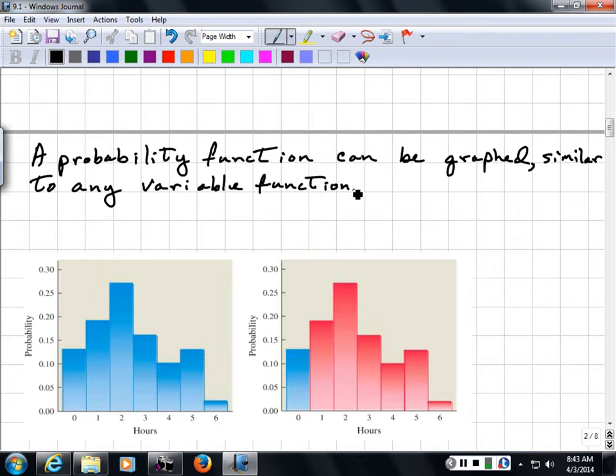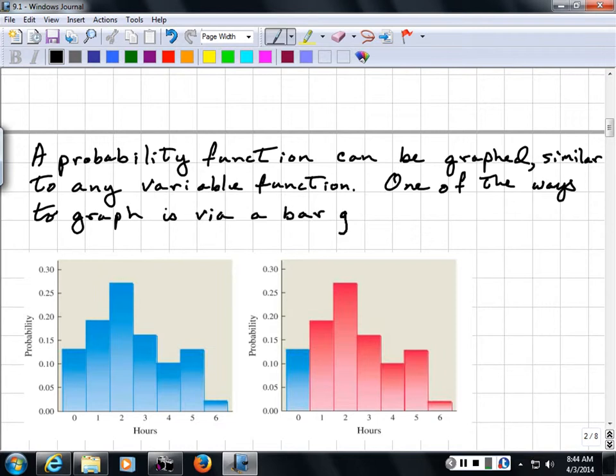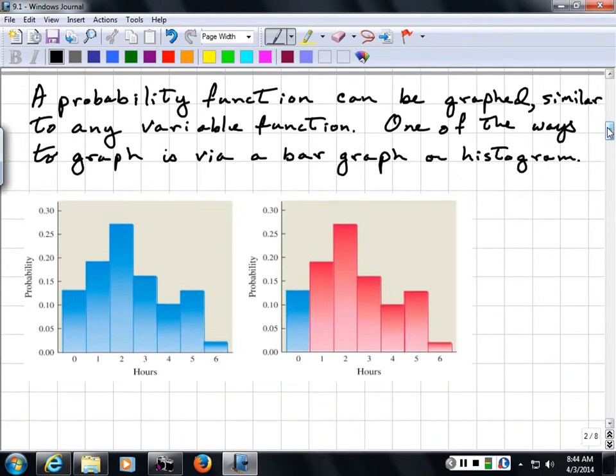One of the ways that we're going to discuss graphing these things is to use bar graphs. This is actually called a histogram, but let's explore some things here, okay? And let's look at this one on the left, okay?